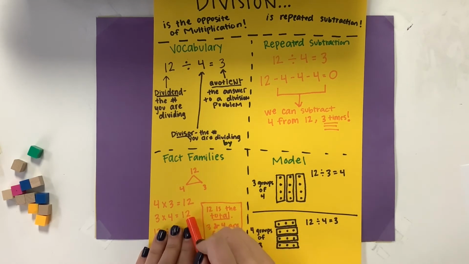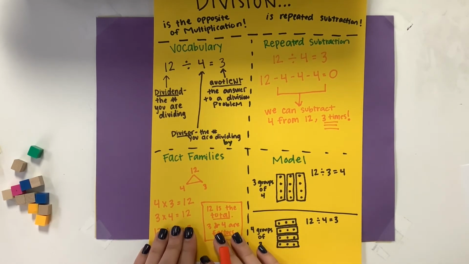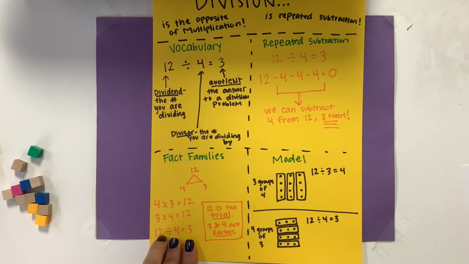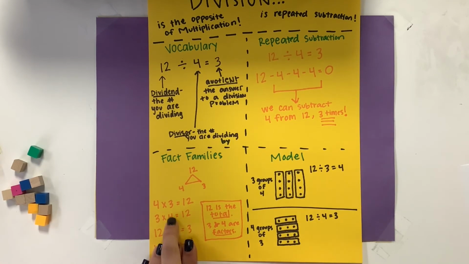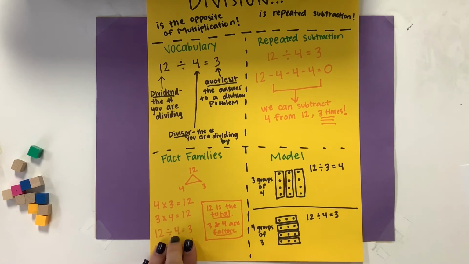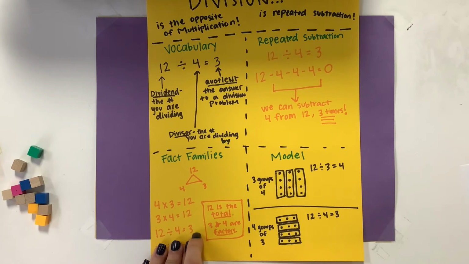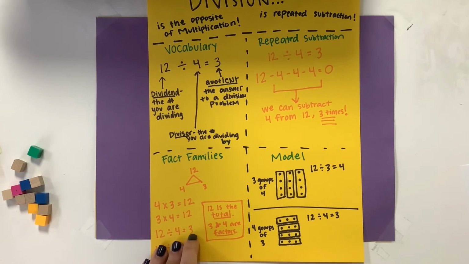12 is our total. So with division, we start with our total. So here's our total here, 12. We divide it by 4, one of these factors. There's another vocabulary word for you. And our answer is that we have 3 left. If you don't believe me, go try this.